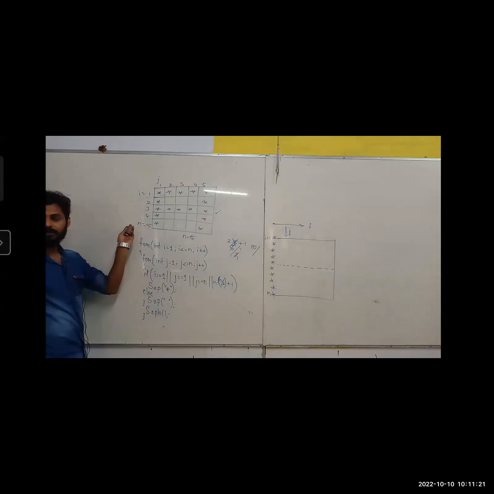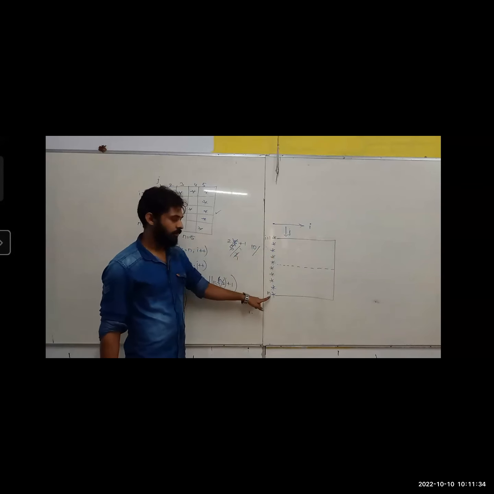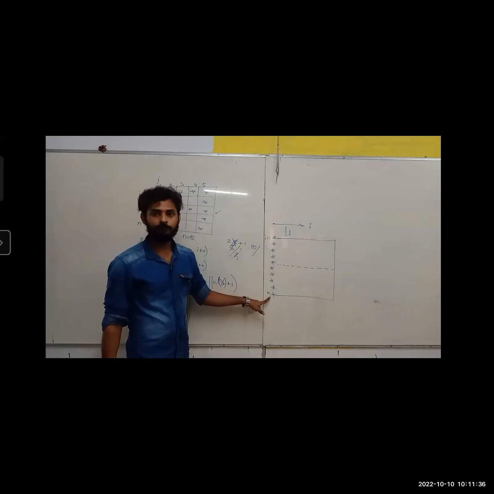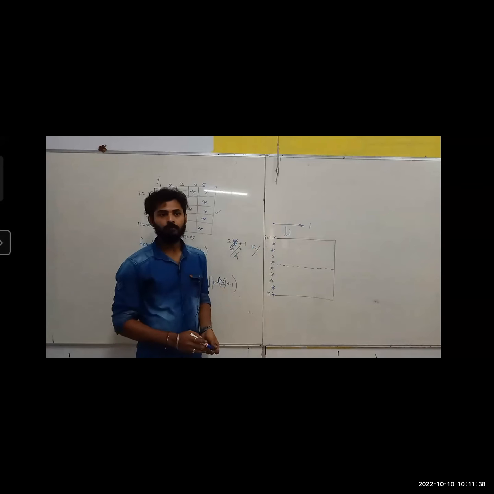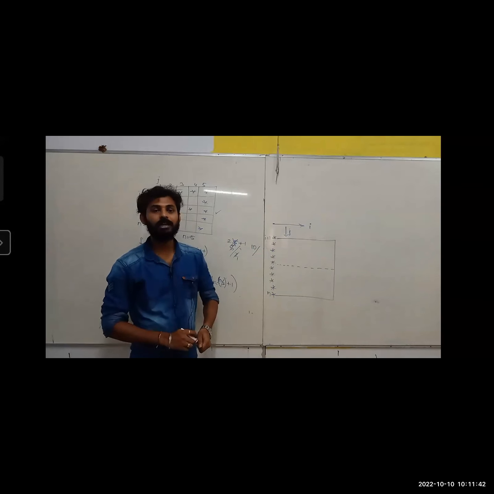Why am I taking 5? Because the user told my n value should be 5, and you should write your program in such a way that it works for any input values. Same thing here. I should be starting from 1 up to n. If the user gives 100, then 1 up to n, because the n value will change. Accordingly, the output also will change.